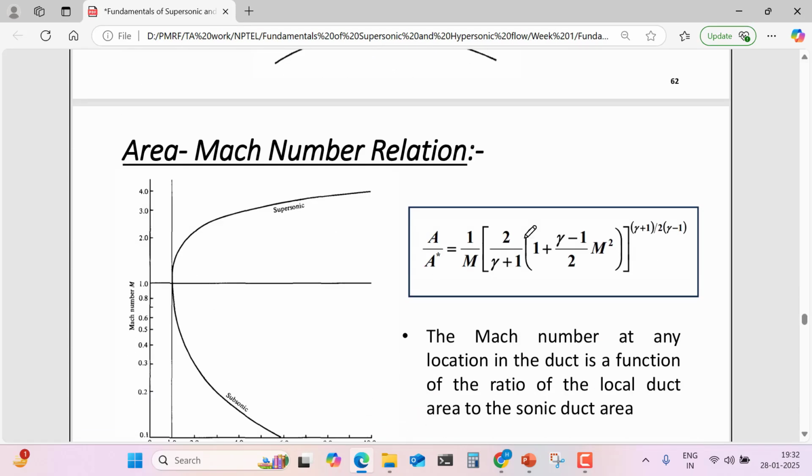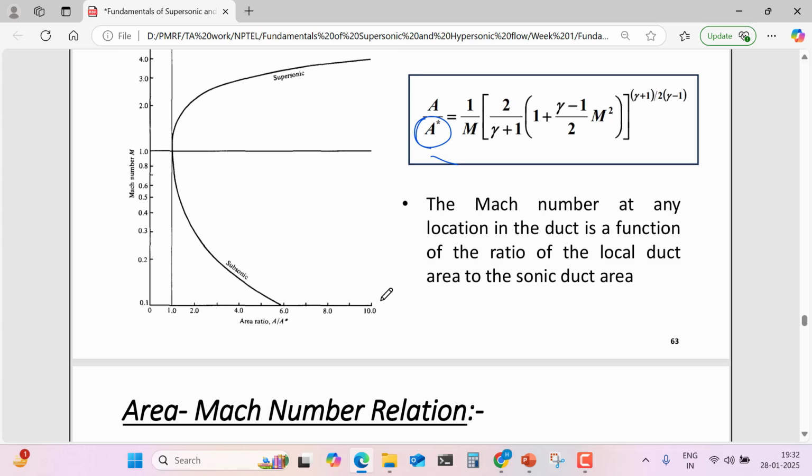There is one area Mach number relation which is given by this: A by A star equal to 1 by M times [2 upon gamma plus 1 times (1 plus gamma minus 1 by 2 M square)] to the power gamma plus 1 upon 2 times gamma minus 1. Here A star is the area at the sonic condition, M equal to 1.